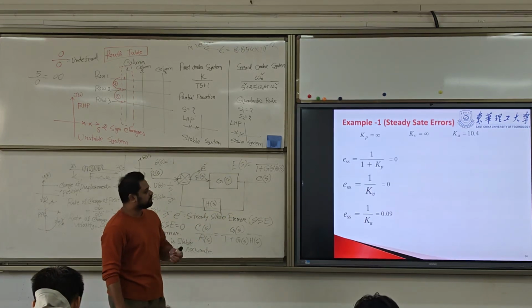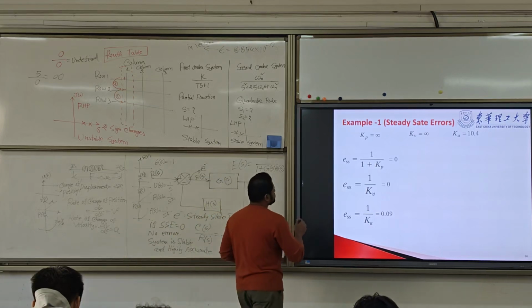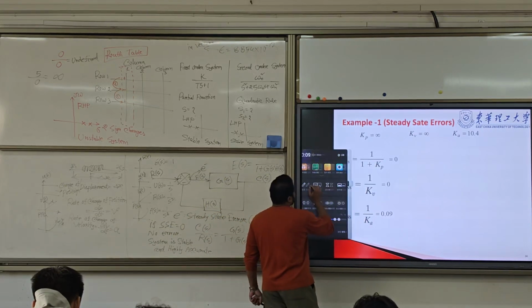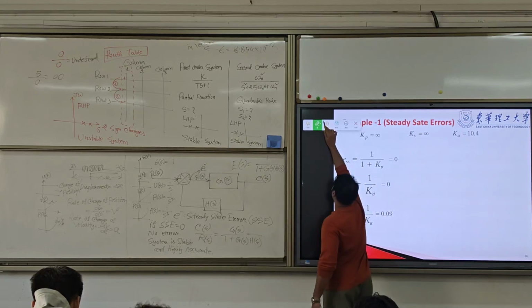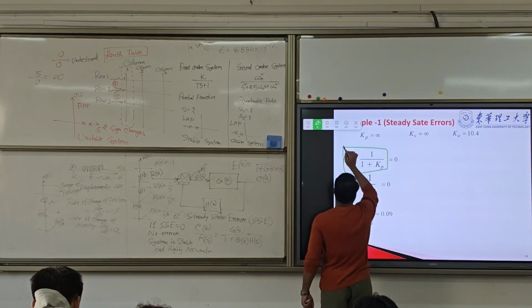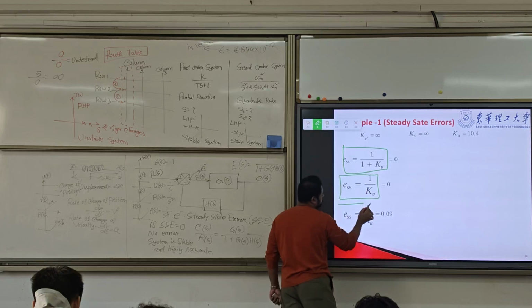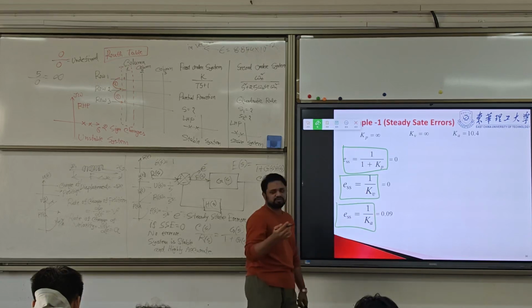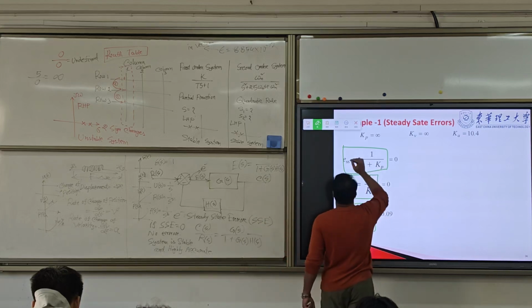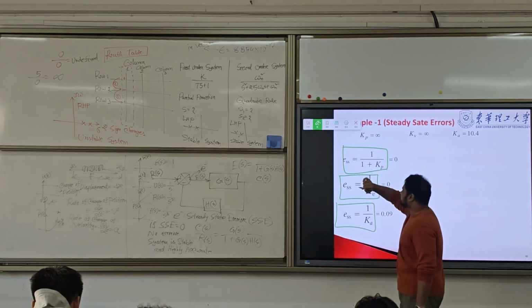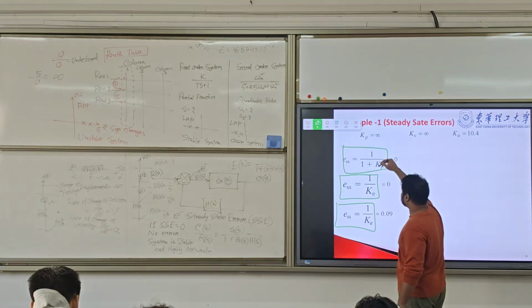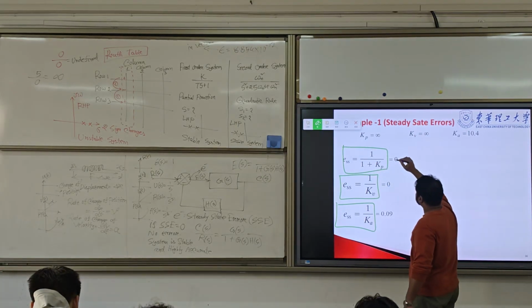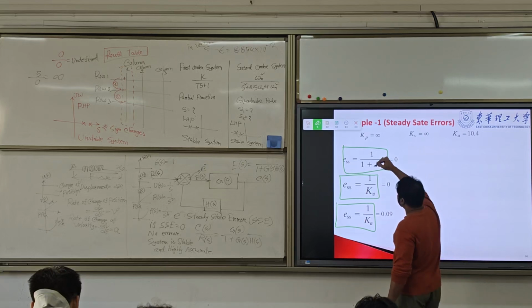So you know how you can calculate Kp. You need to remember these equations. I showed you how you find it, but you don't need to do it. You remember these equations. For static position error, we use 1 by 1 plus Kp.